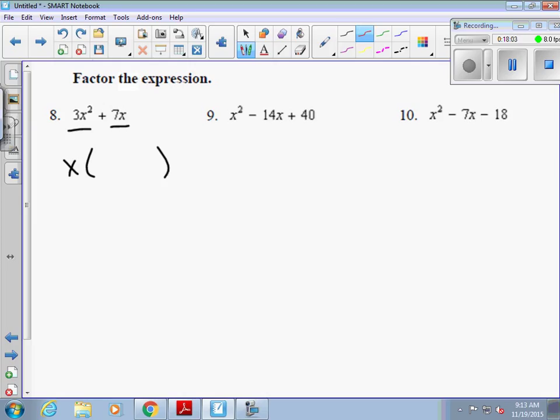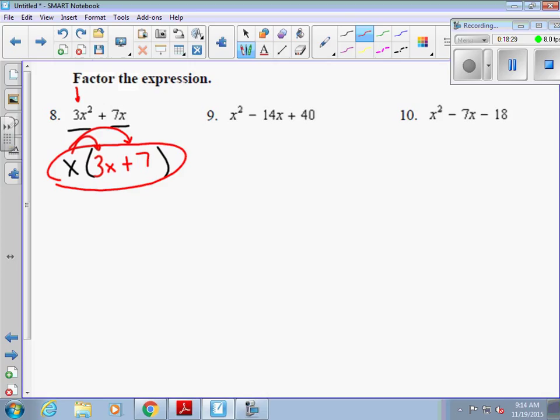X times 3x, to get 3x squared. So if you multiply this times this, you would come back to 3x squared. And x times what gives you 7x? Just positive 7. Because again, if you multiplied x times 7, you would get 7x. This is the factored version, just taking out the x.